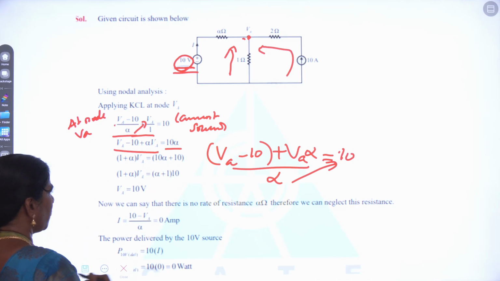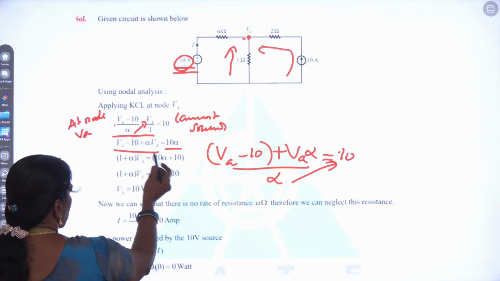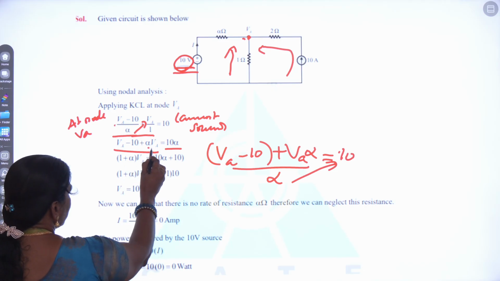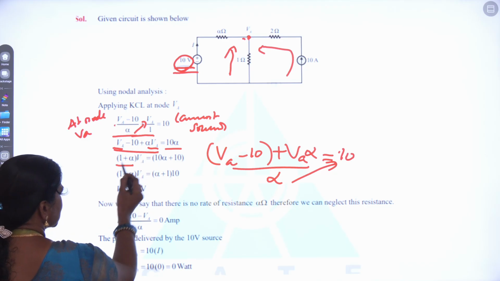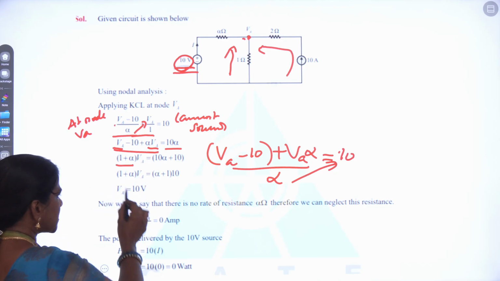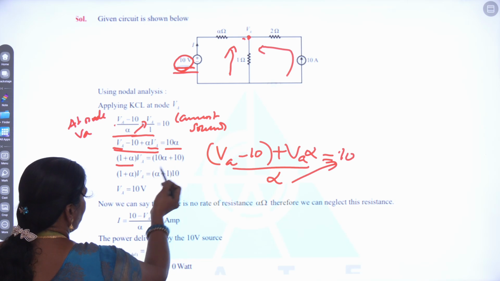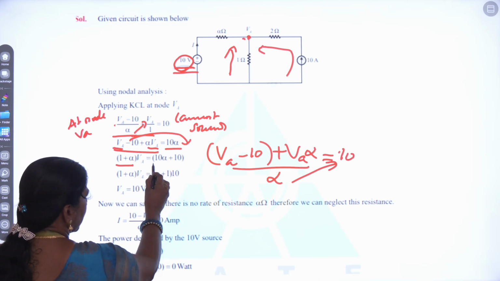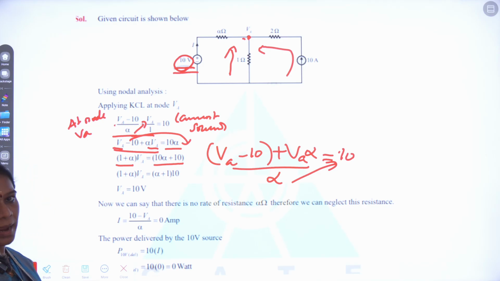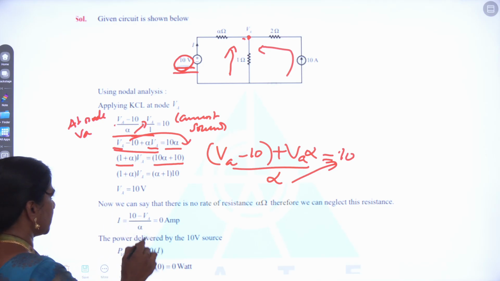Now we are collecting alpha in one term. If you are taking VA outside, here we have VA, here we have alpha VA, so this will become 1 plus alpha times VA, which is equal to 10 alpha, and here we have minus 10. When this minus goes to the other side, it will become plus 10. So 10 alpha plus 10.